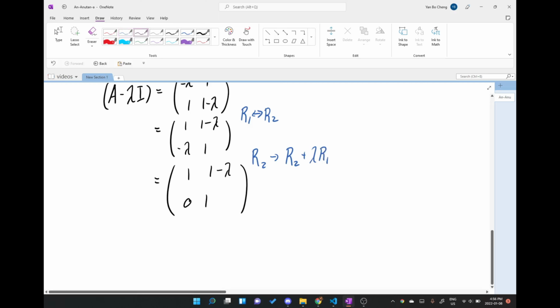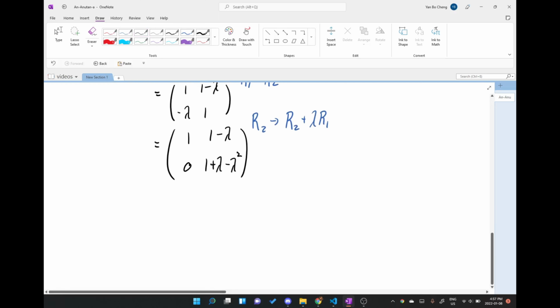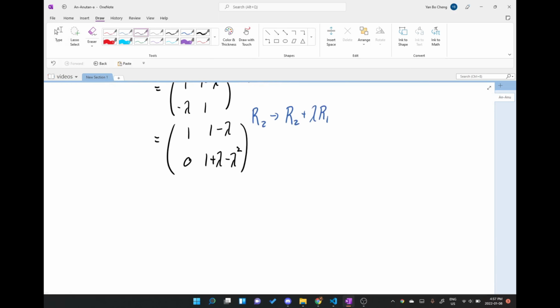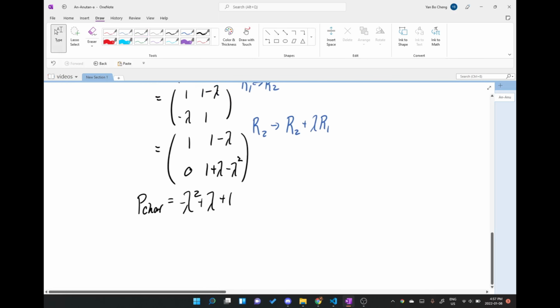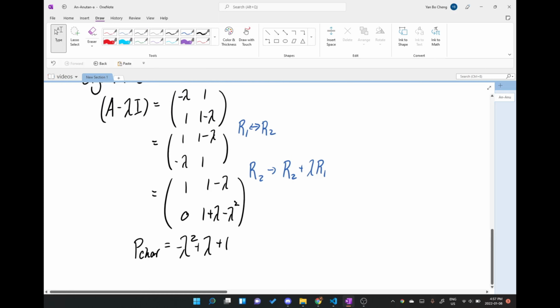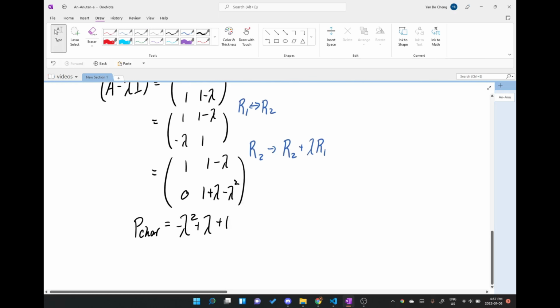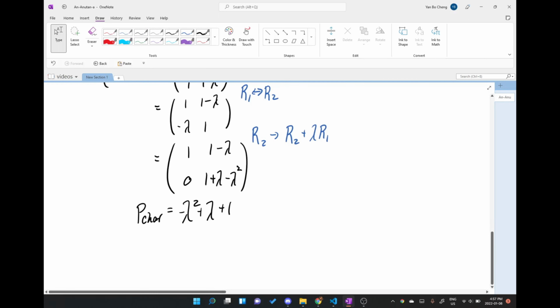And this will be 1 plus lambda minus lambda squared. For this, the characteristic polynomial is equal to minus lambda squared plus lambda plus 1, because the only way for this to have a null space, which will give us an eigenvalue, is if this is 0.